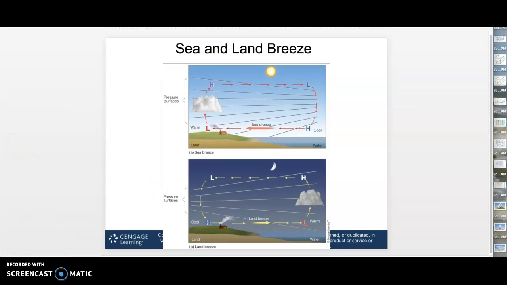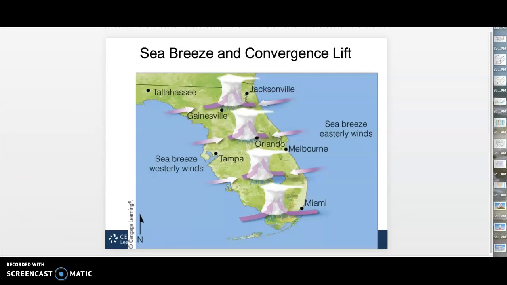And that's going to be showing you a sea breeze and convergence lift over Florida. We've already reviewed these a couple times, coming in from the Gulf of Mexico and coming in from the Atlantic. It's also driven by a little bit of the Gulf Stream here as well.